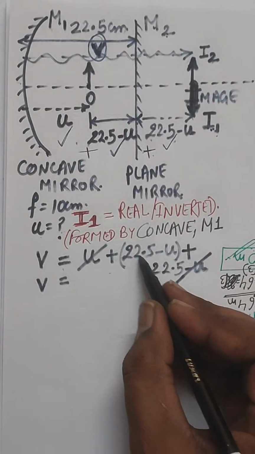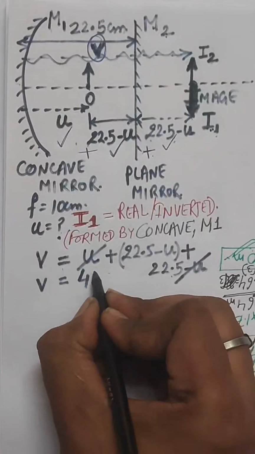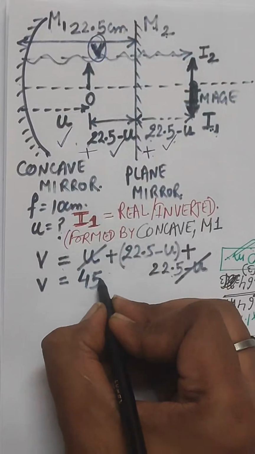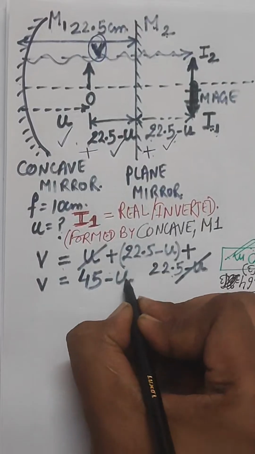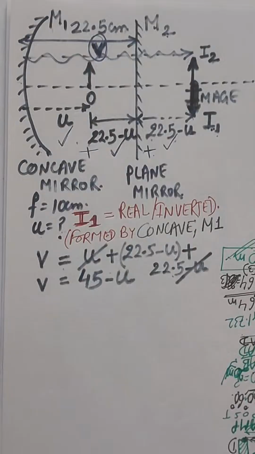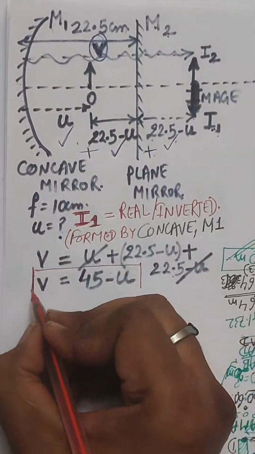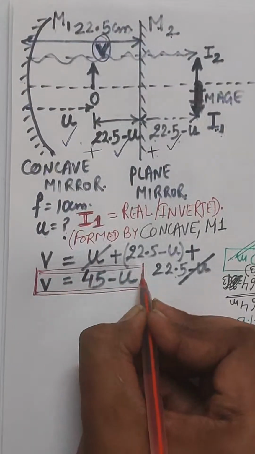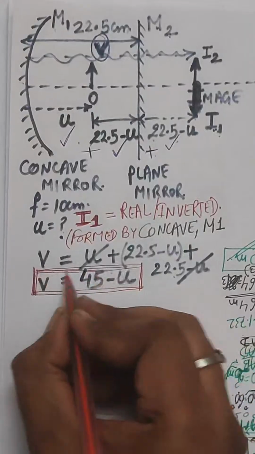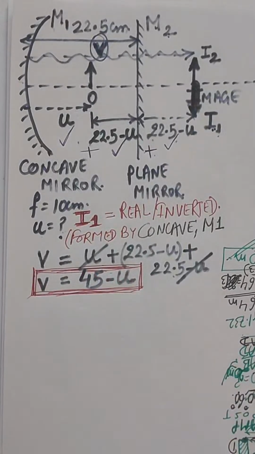And we have 22.5 plus 22.5, that is 45, minus u. So this is the relation which we have between v and u. V equal to 45 minus u, right?